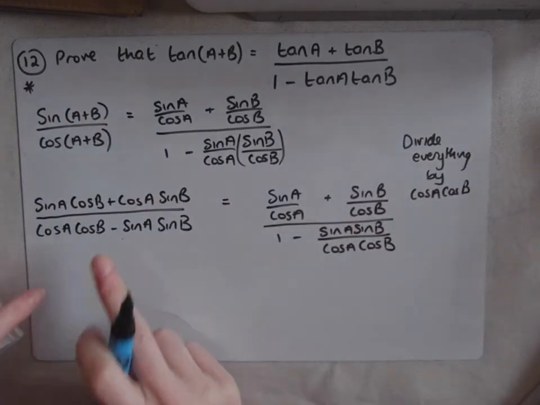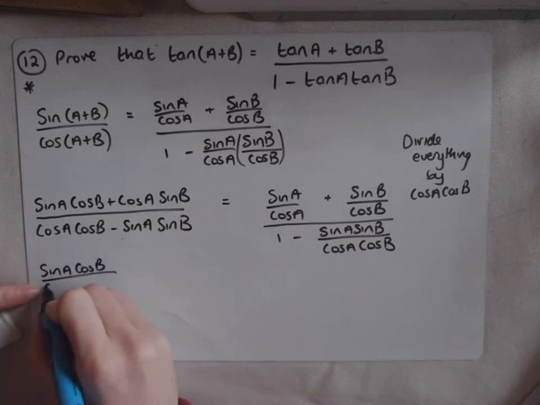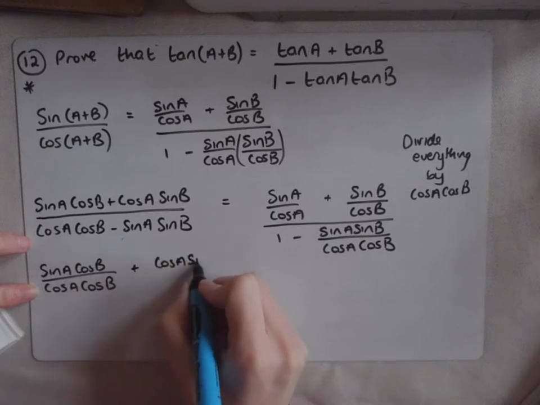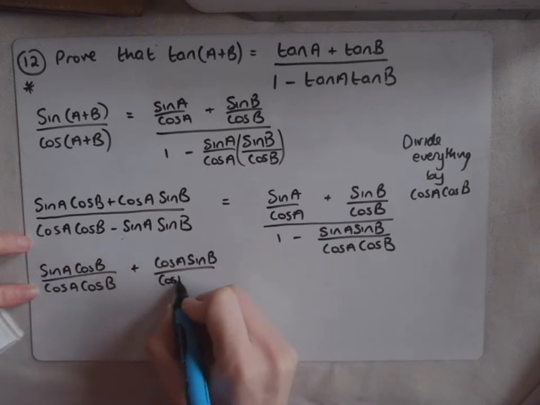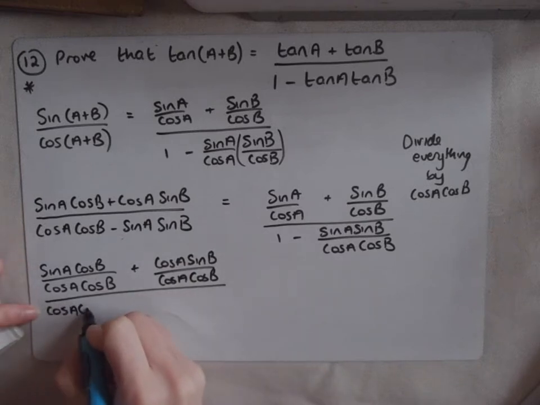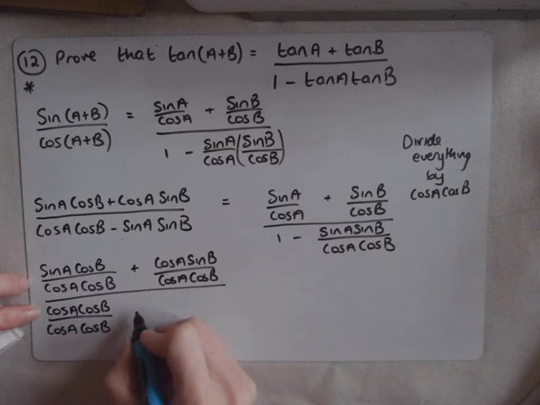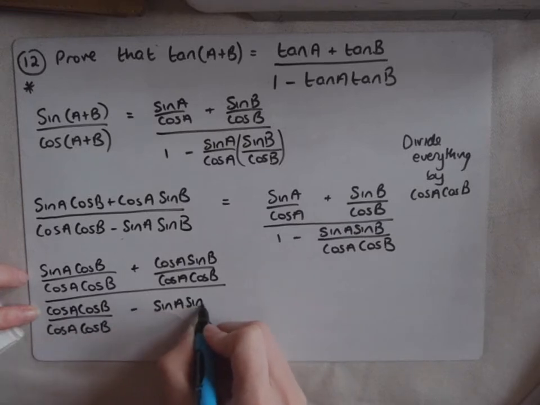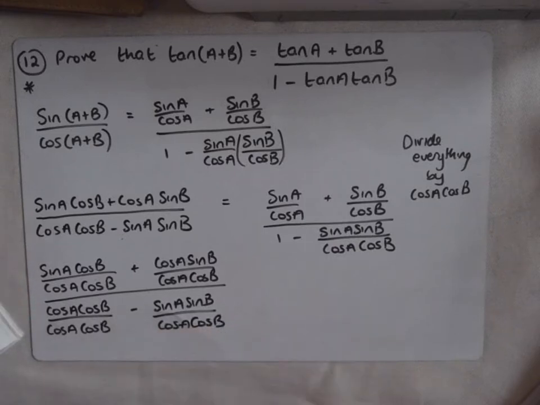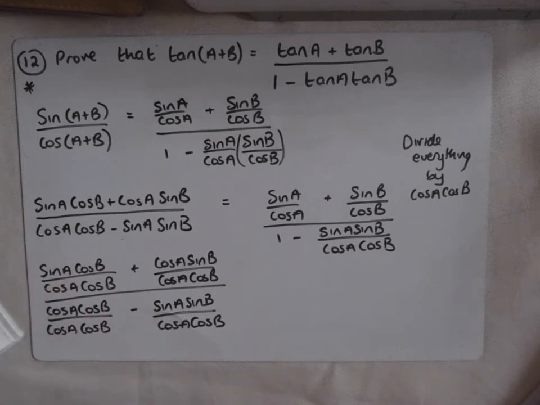Over here. Okay, so what I'm going to be left with is sine A cos B over cos A cos B. I'm dividing absolutely everything by your cos A cos B. Okay, so I just put absolutely everything over cos A cos B, and things are going to cancel.